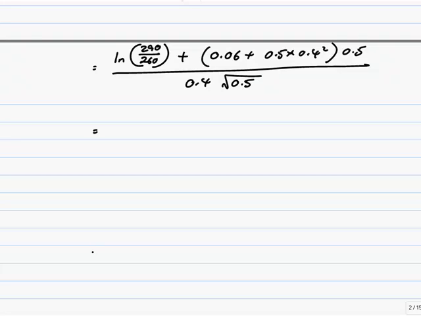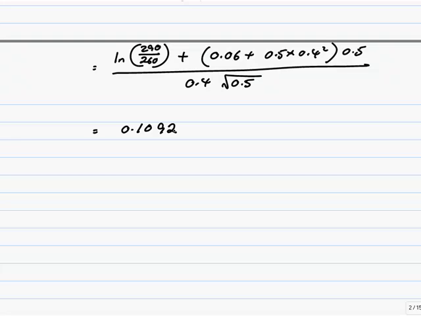Check your calculator with me. ln of 290 divided by 260, well, on my calculator, we do 290 divide by 260, which comes to 1.115, etc. You then press the ln button, and it gives us 0.1092.